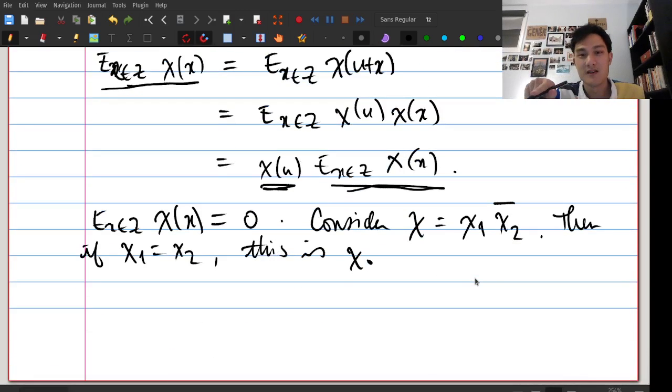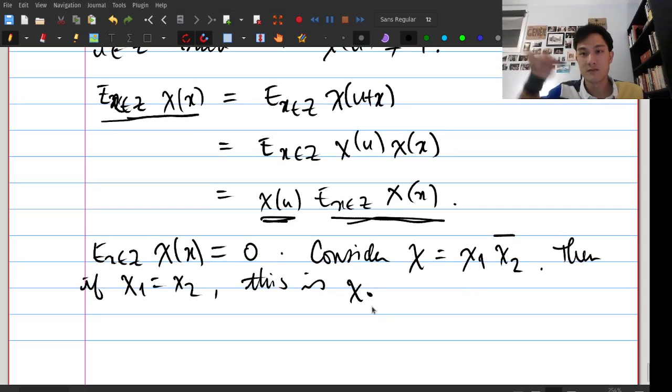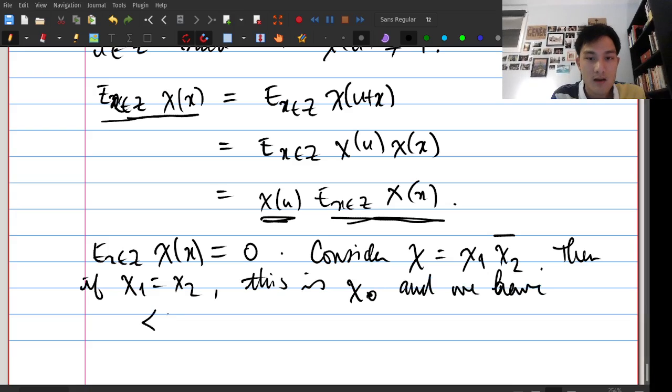If you take chi and conjugate it, it's actually the inverse. So everything will become 1. So this is chi naught, and the inner product of chi1 and chi2 equals 1 by the first case.